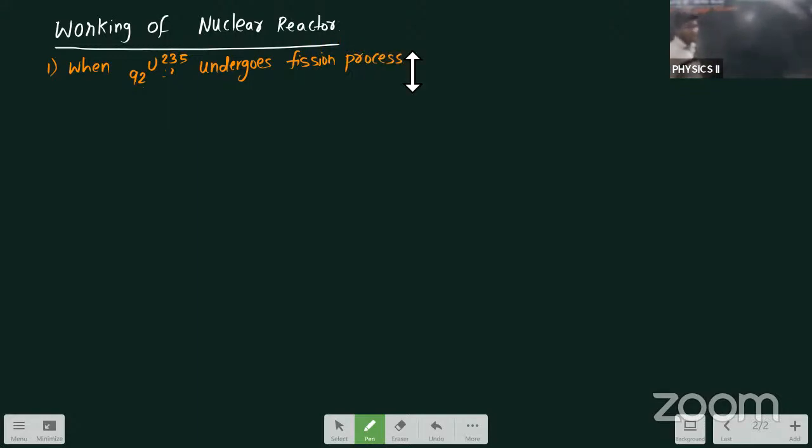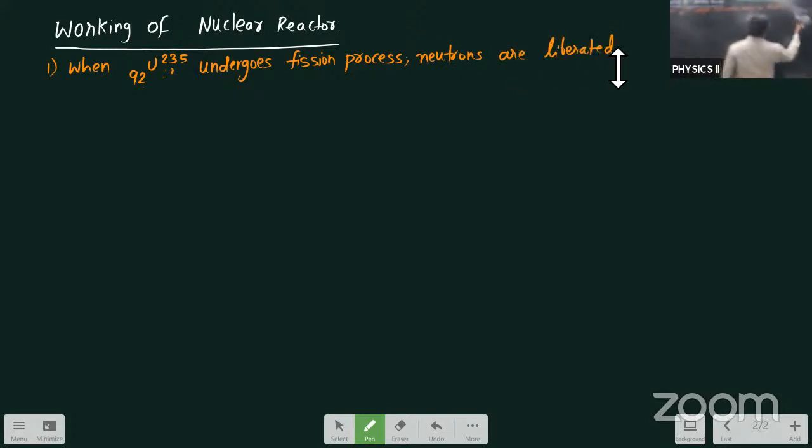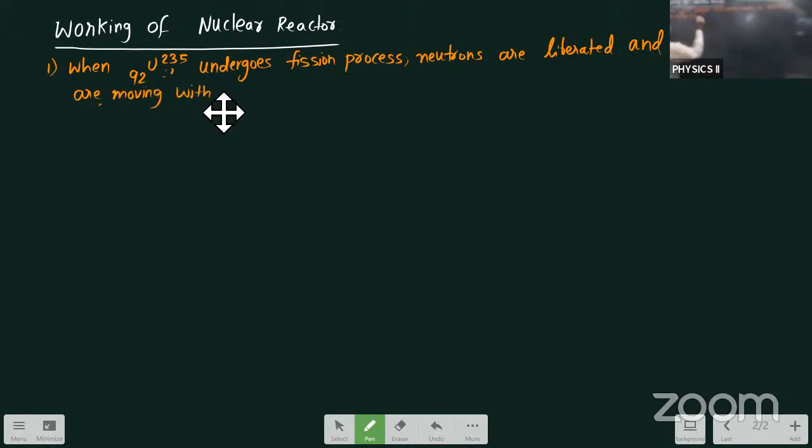Neutrons will be emitted or liberated, and they move with very high velocity. So neutrons are liberated and are moving with very high velocity.